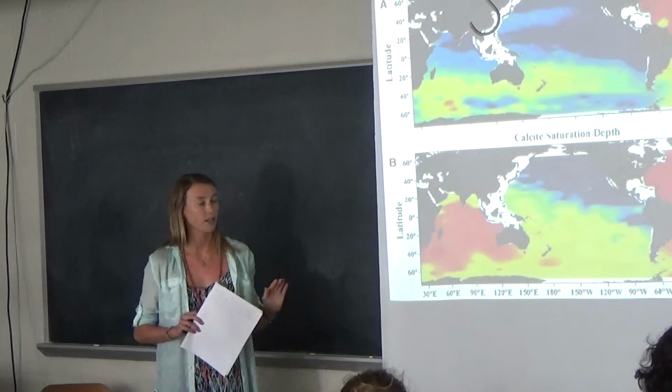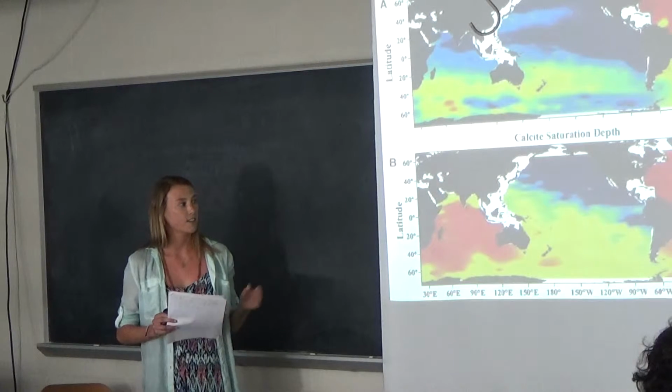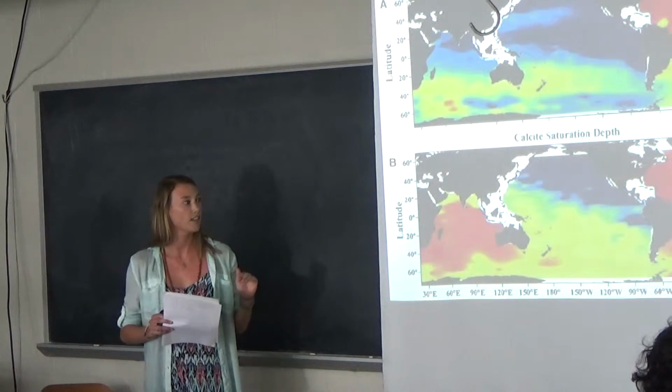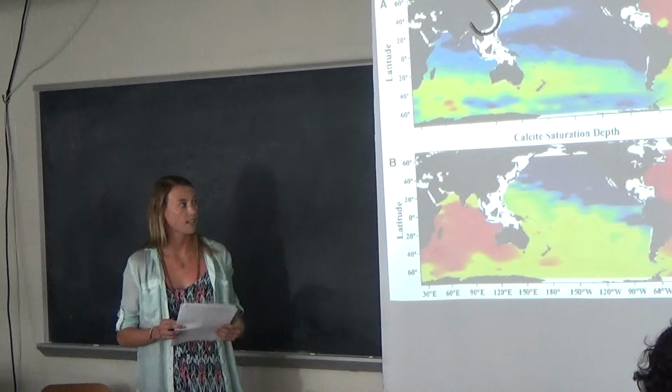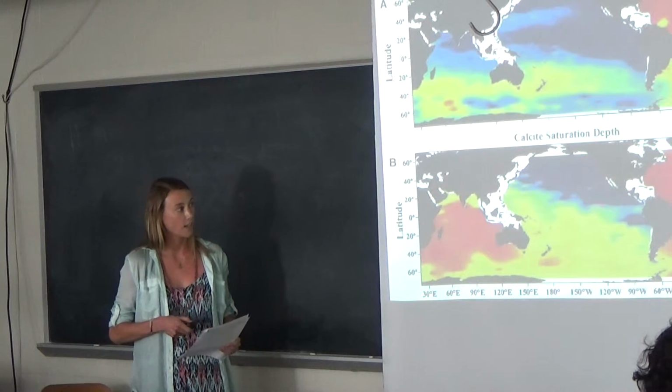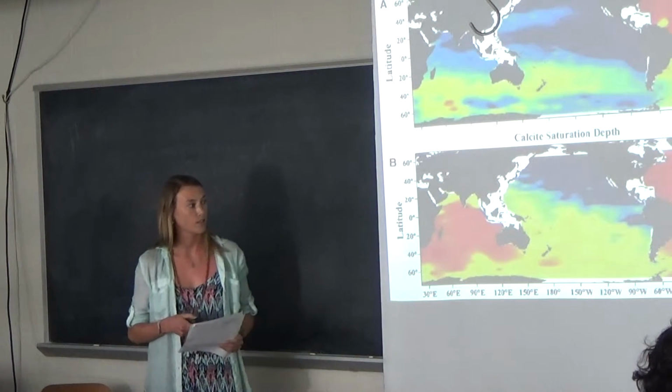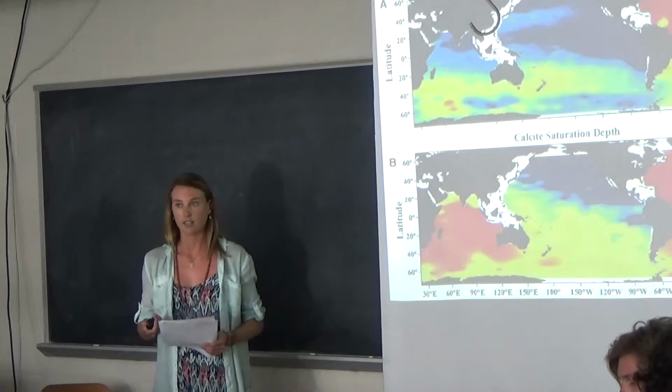So on the bottom we have calcite, and in general it's about 3,000 to 4,500 meters, and the exception is in the North Atlantic Ocean. You've got about 0 to 1,000 meter saturation depth.